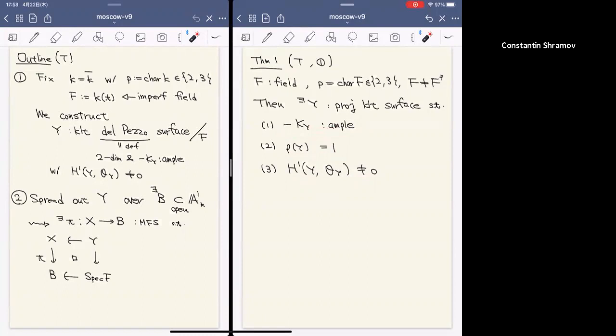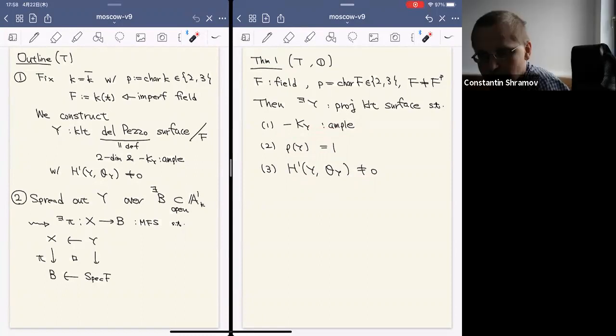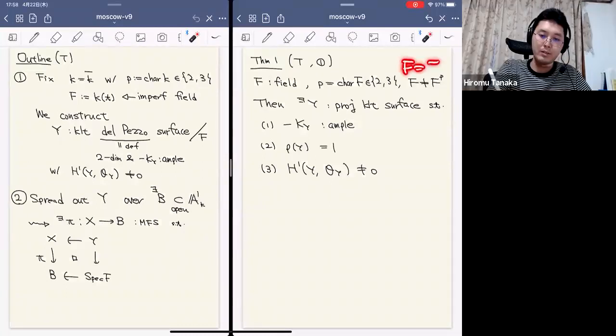So just in case, do I get it right that if you pass to the algebraic closure, then only the second property may break down in your theory, in this theorem? Sorry, we assume that this holds.